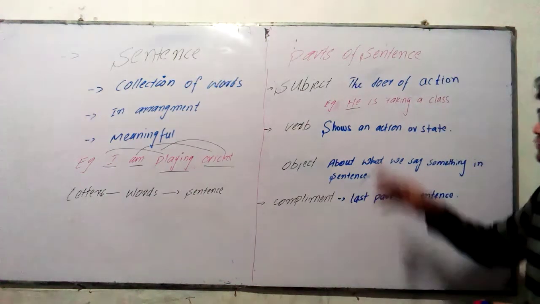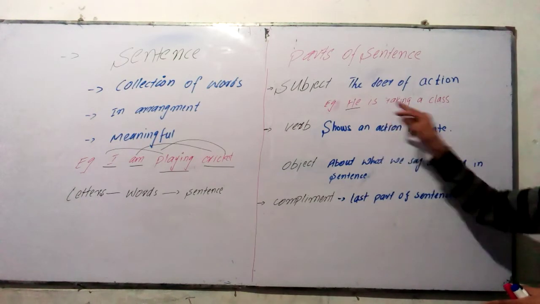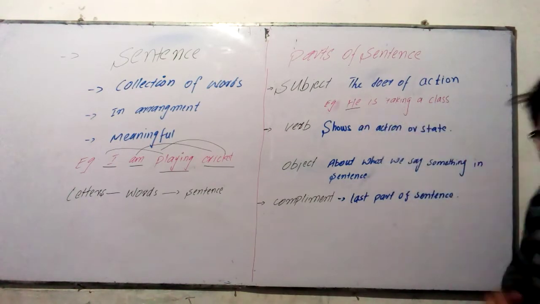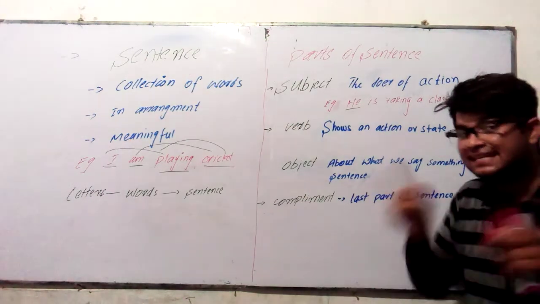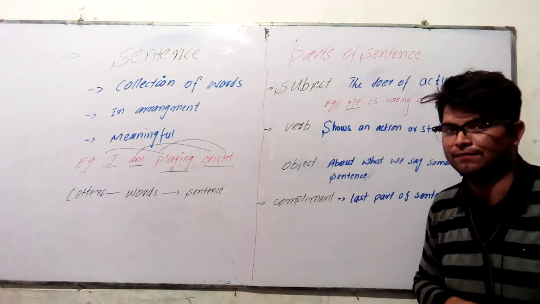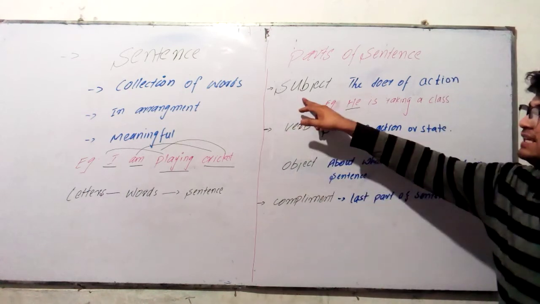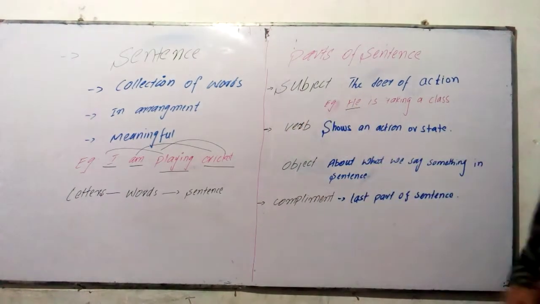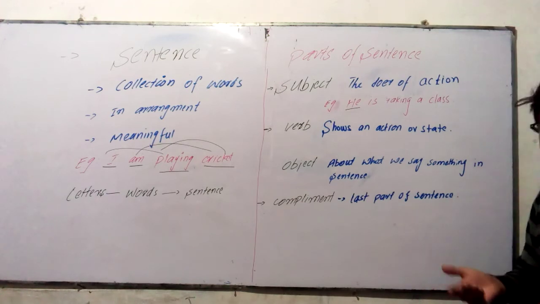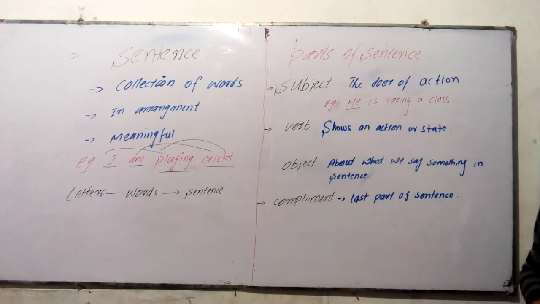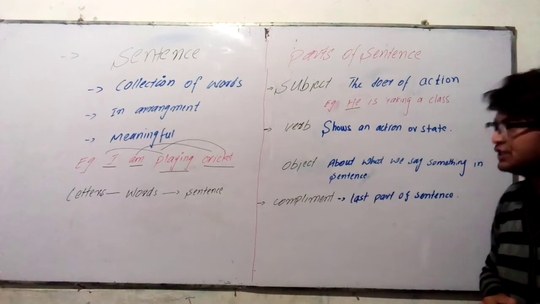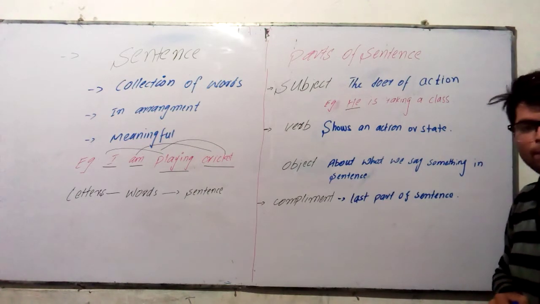Looking at the sentence again, he is taking a class. So who is taking a class? He. So who is the doer of an action? He is the doer of an action. Therefore, we can define subject: the doer of an action in the sentence is called the subject. The second part of a sentence, which is also a part of parts of speech.